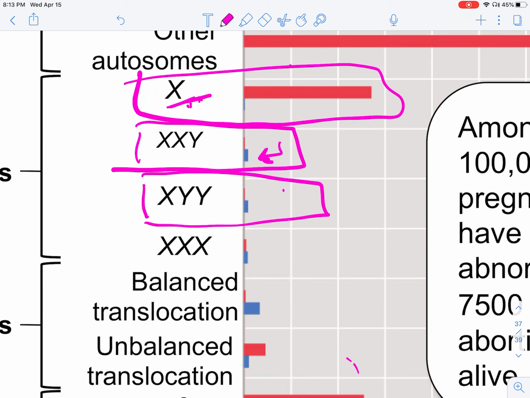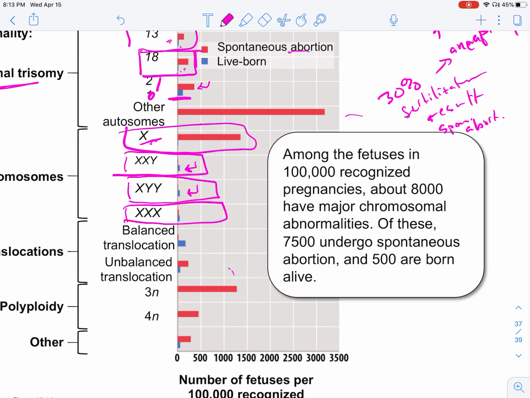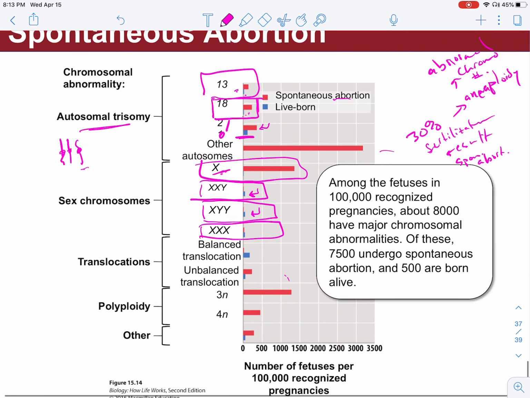We can tolerate XYY, and we can tolerate XXX as well. There are some morphological issues with abnormal sex chromosomes, but in general, these are live births.